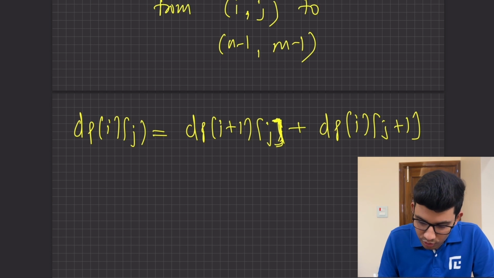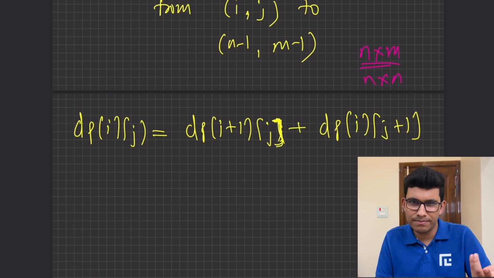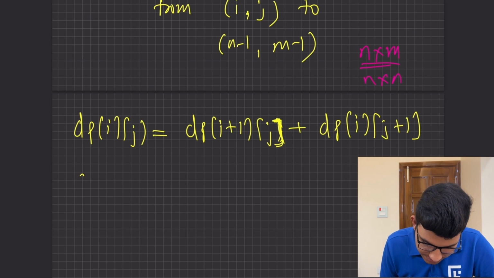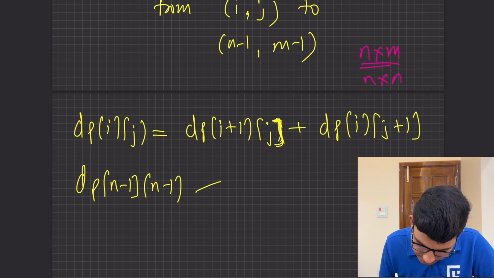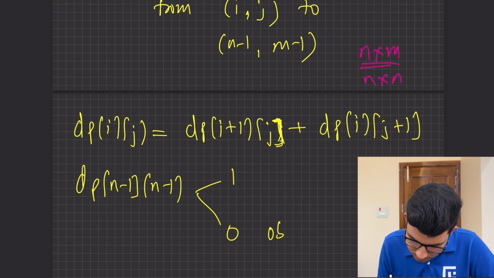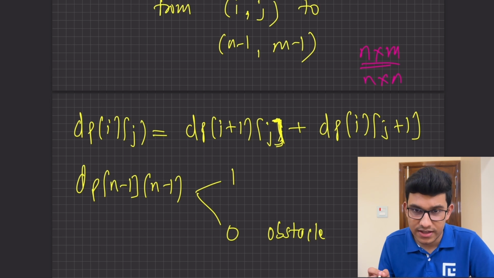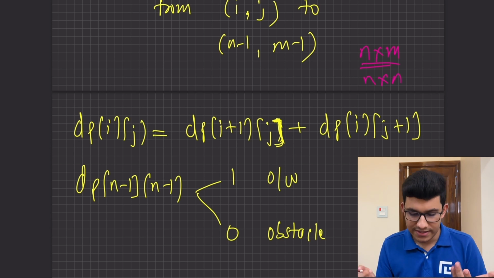We are not given an n cross m grid, we are rather given an n cross n grid. So it doesn't really matter. The base case here would be just this: dp of n minus 1 comma n minus 1 is either equal to 1 or is equal to 0. It is equal to 0 when it has an obstacle, and this is the case where you don't have an obstacle. All right, this is the base case.